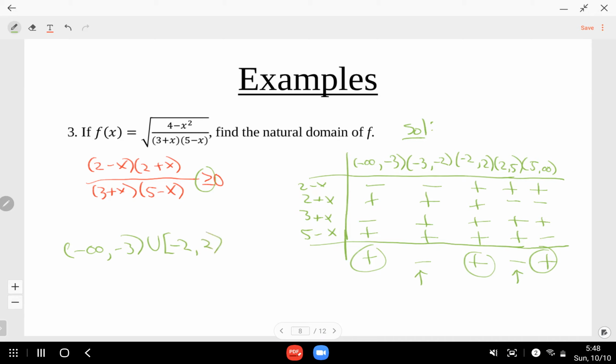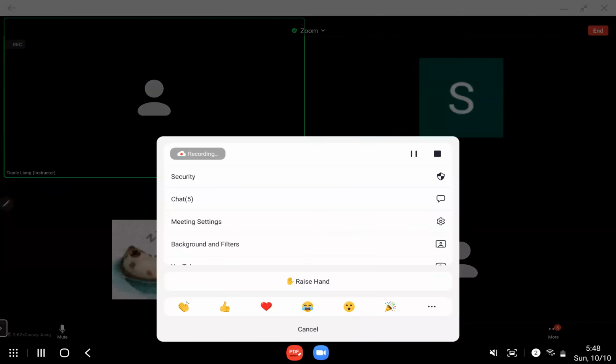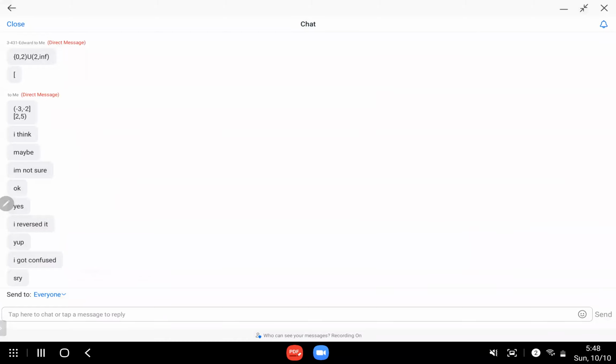Even if it's greater than or equal to 0, x can't be -3. That would result in a denominator that's 0. Can't do that, right? This 2 you can have, okay. And the last one is 5 to infinity. All right, so do you understand your mistake now? Yeah, you reversed it.